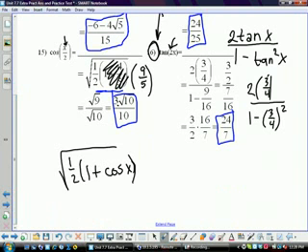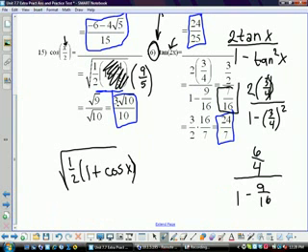So, when I multiply this out, I get 6 over 4 divided by 1 minus 9 over 16. 1 minus 9 over 16 is the same as 7 over 16. And 6 over 4 is the same as 3/2.